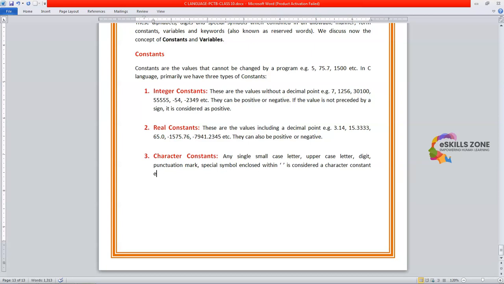For example, if we type 5 enclosed in single quotes and then 7 enclosed in single quotes, or we call it apostrophe, and then small a enclosed in apostrophe, and then capital X enclosed in apostrophe, exclamation sign enclosed in apostrophe, and then a comma enclosed in apostrophe is also considered a character constant.